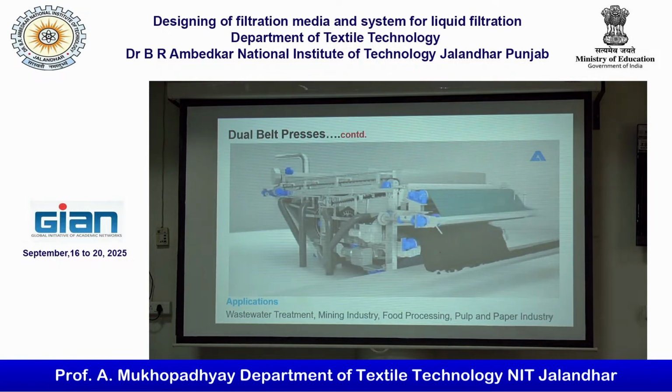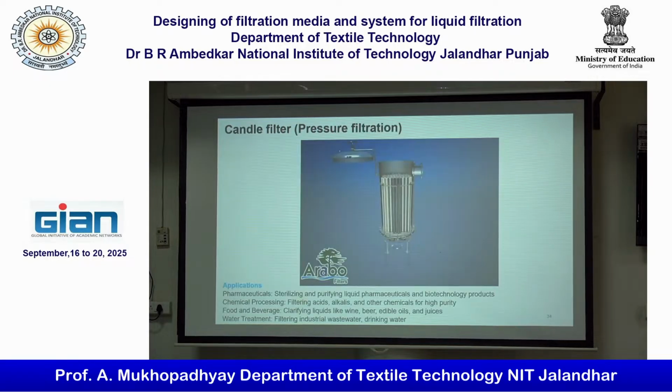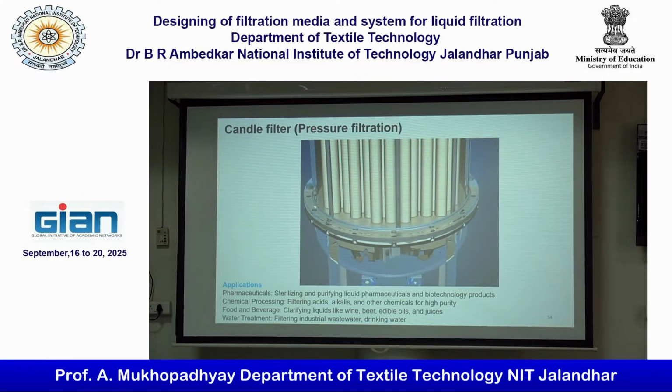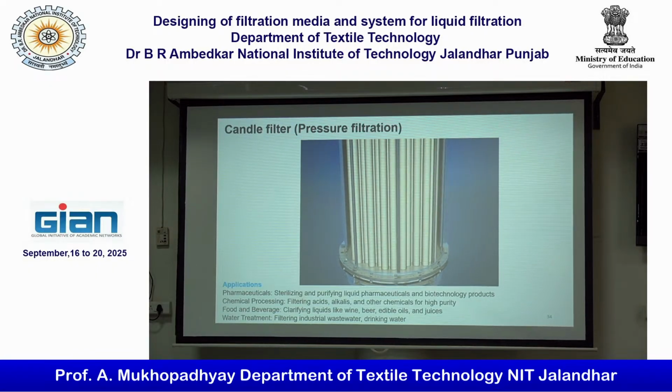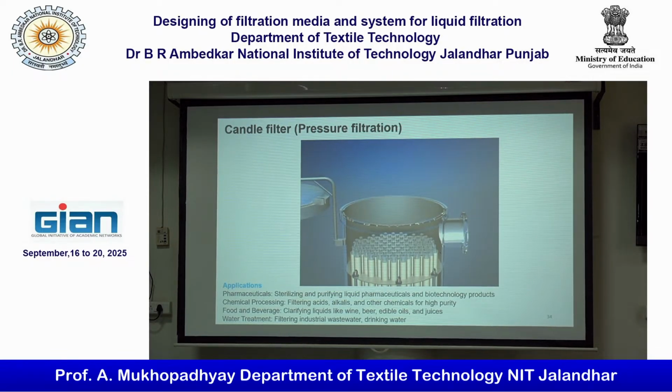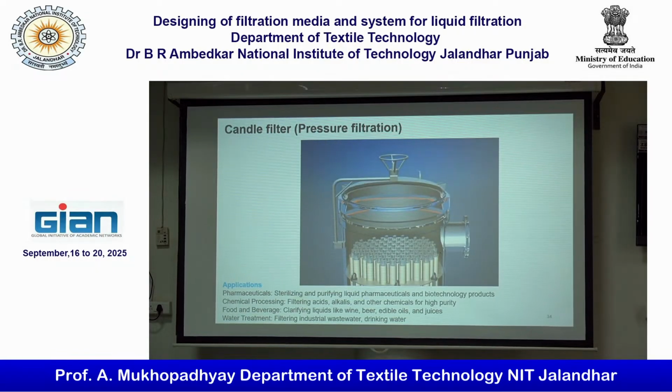If you squeeze the material and take the sludge in between, obviously the water will move out. So this is the candle filter, pressure filtration. You can see how pressure filtration operates in candle filters. So it can be used in pharmaceuticals.